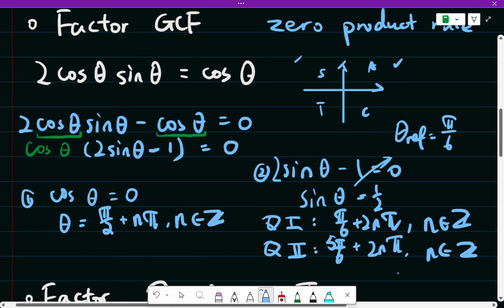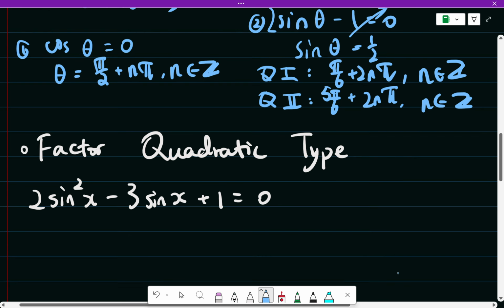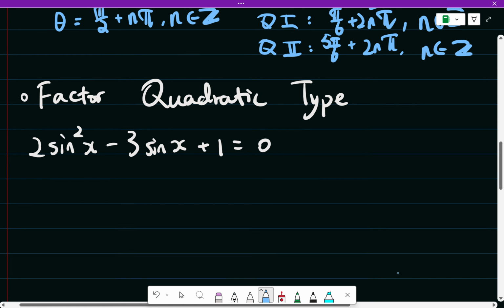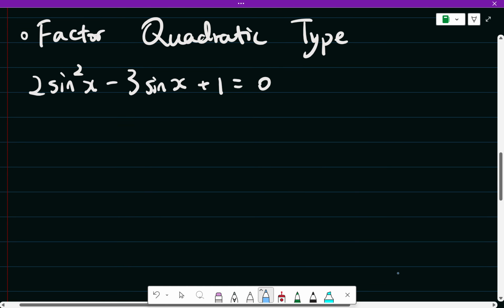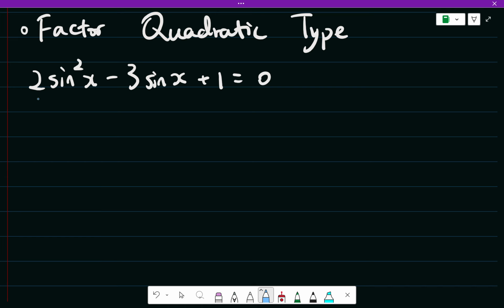Next type of question is factor quadratic type. So what if we have a relatively more complex or seemingly complicated equation like this? So we have 2 sine squared x minus 3 sine x plus 1 is 0.